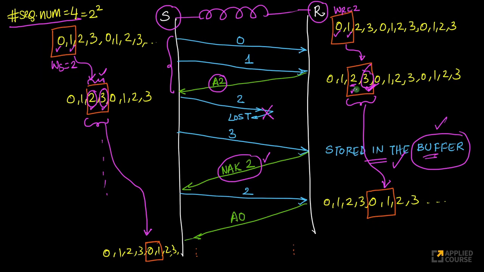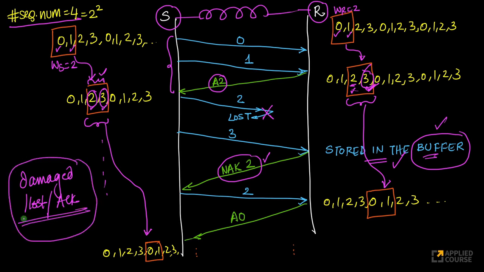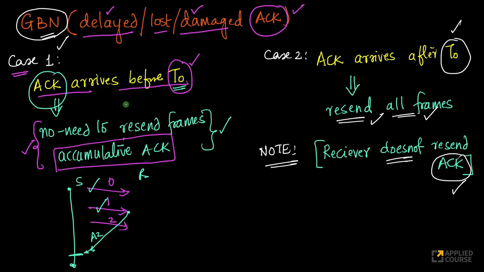Now look at this. Here your question could be, what happens if you have damaged or lost acknowledgements? Again, you have the timeout concept. This will behave exactly like your GBN. In your GBN, what happened?